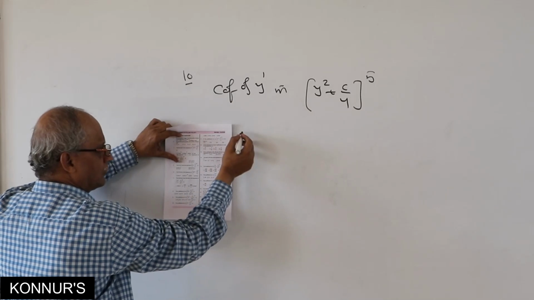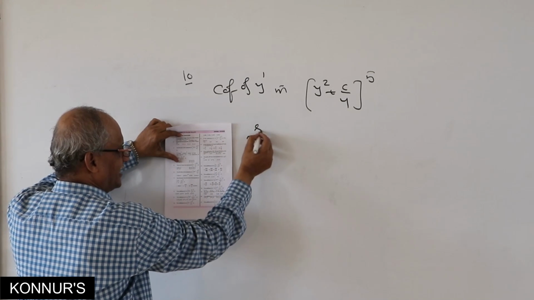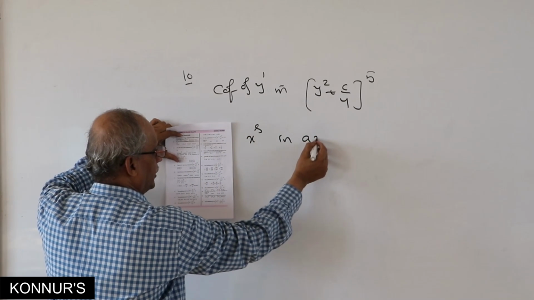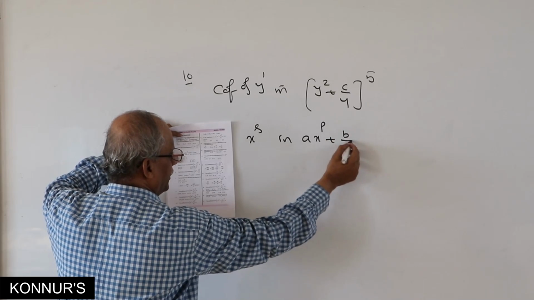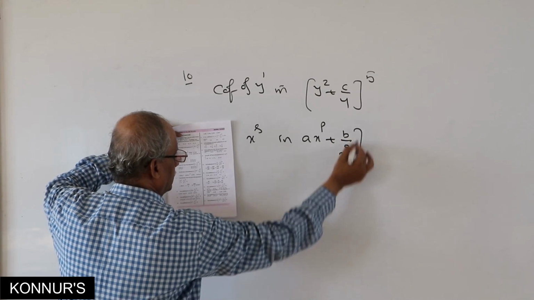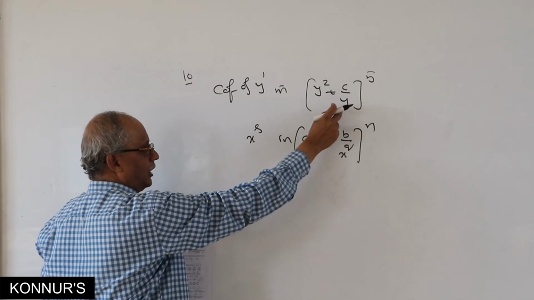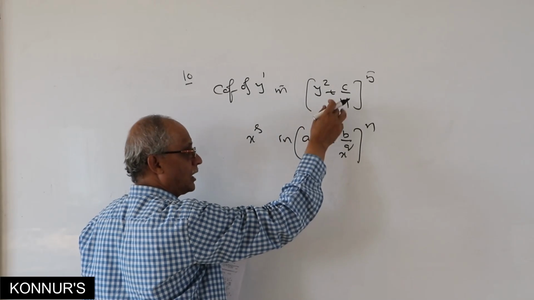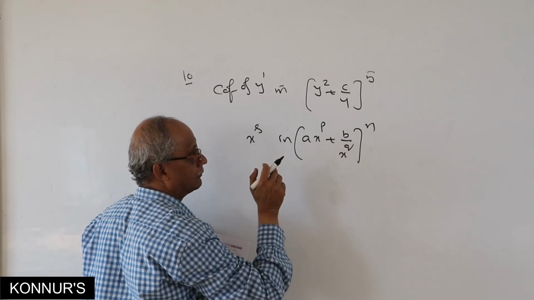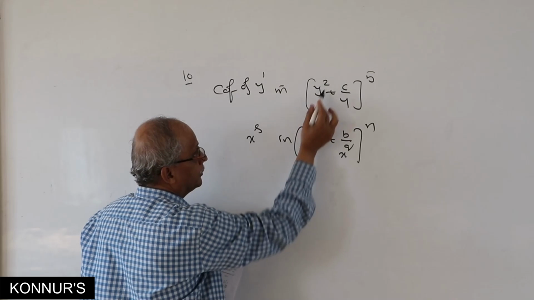What is our formula? Coefficient of x power s in (a into x power p plus b by x power q). I told you the second term must be in the denominator only, otherwise they will not give. If it is not given, you have to arrange the denominator. This is numerator.